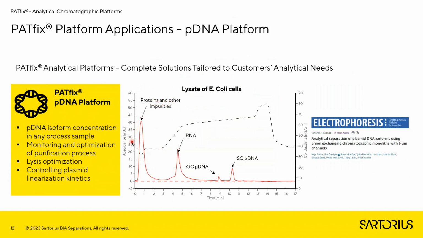So at the beginning of the chromatogram, the protein and other impurities are eluted. Then we have elution of RNA from E. coli cells. And at the end of the chromatogram, we have our analyte of interest, pDNA. With this method and platform, we can also separate different isoforms of pDNA, and these isoforms can be quantified.